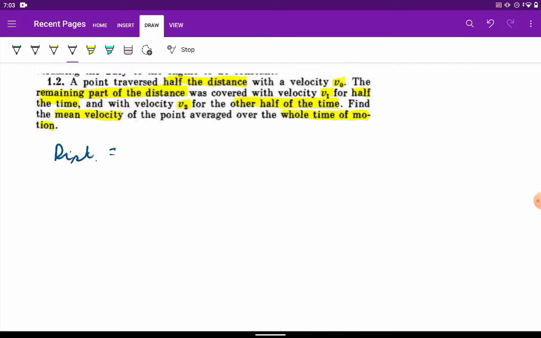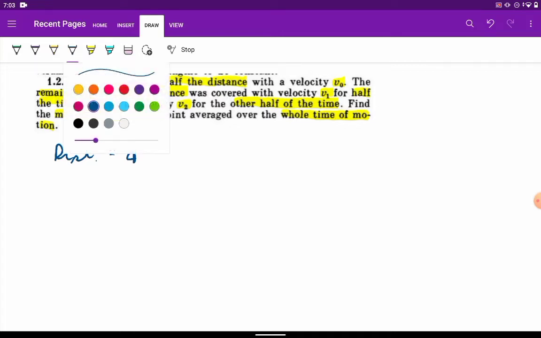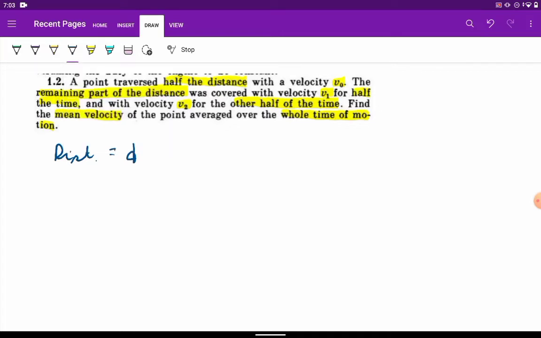All right, so let's say our total distance was D, capital D. What they're saying is half the distance, that is D by 2, is speed into time.